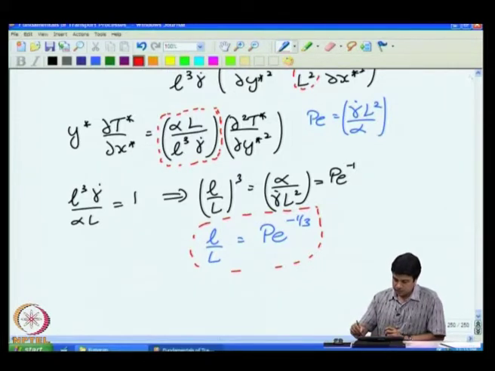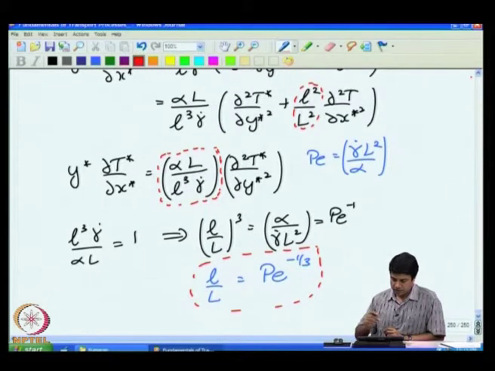And as we saw just now in this equation, streamwise diffusion is always small compared to the cross stream diffusion very close to the surface, because the length scale for cross stream diffusion is the small l, which goes as Pe power minus 1/3. The length scale for streamwise diffusion is the macroscopic scale capital L itself.